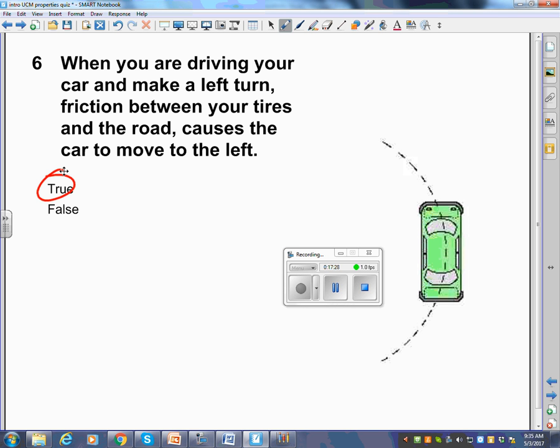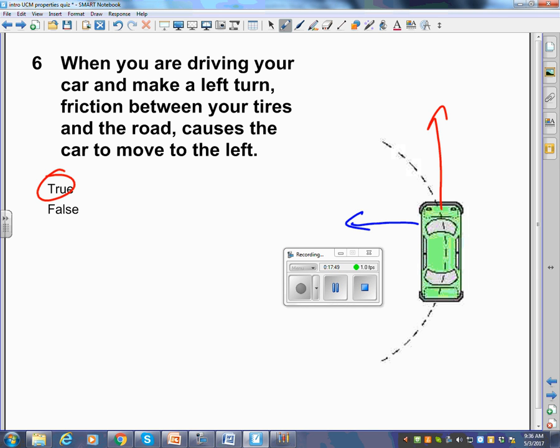That force has to act in the direction of the change. Objects in motion stay in motion. Your car is trying to go forward, and so it's actually friction that pushes you around the corner. So think about that the next time you're driving.